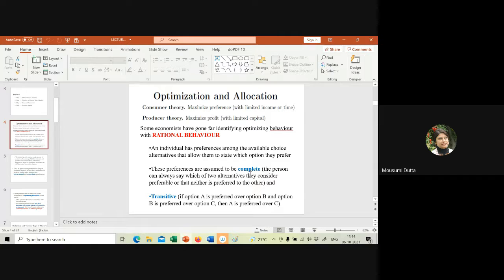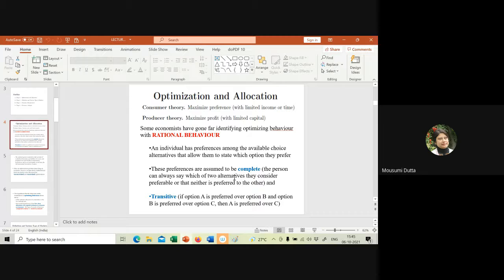Completeness in choices or completeness in preferences means, given the alternatives, I'll be able to say whether A is preferred to B, or B is preferred to A, or both A and B are identical to me, or I will not prefer either A or B. Okay? So this is meant by completeness.